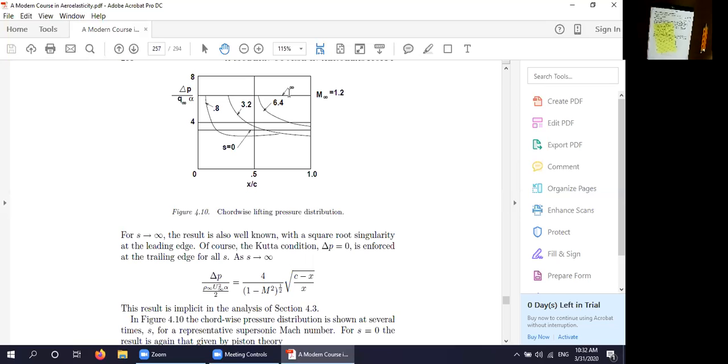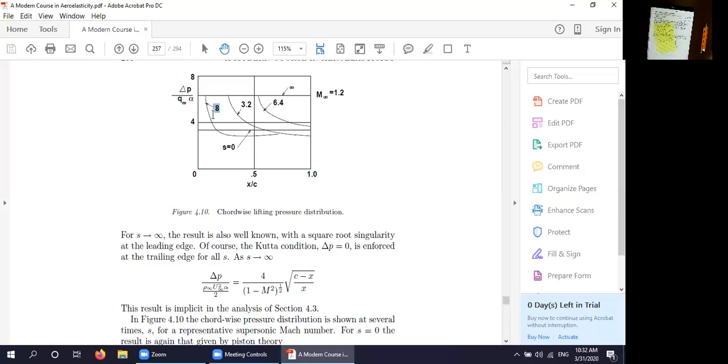This is the result for time equals infinity, if you will. But the value of the pressure differential from short time to large time changes quite a bit at this Mach number. At higher Mach numbers, say 2 or especially say 4, these two horizontal lines would be much closer together. And again, the theory would say there's no variation in the pressure along the chord.